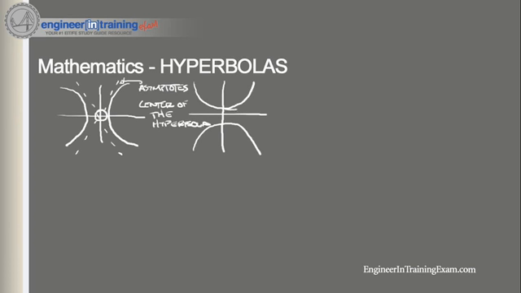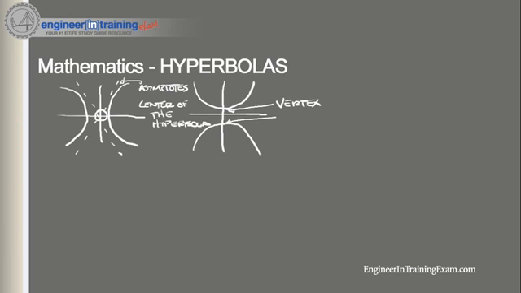Now these two points, wherever the two pieces of the hyperbola peak or change directions, those two spots are the vertex of each of the curves. There's two in this case, so two need to be defined when you go and graph a hyperbola.